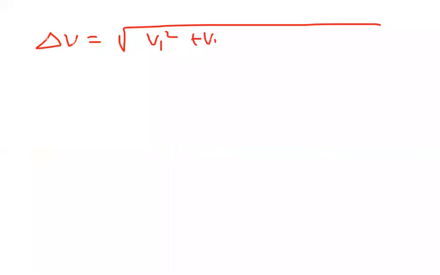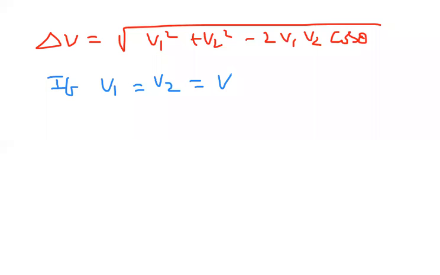One more point before entering into that. We just wrote delta v equal to the square root of v1 square plus v2 square minus 2 v1 v2 cos theta. If v1 and v2 are both equal to v, then I am writing the direct step, not deriving it: substituting v in place of v1 and v2 everywhere, we get delta v equal to 2v sine theta by 2.